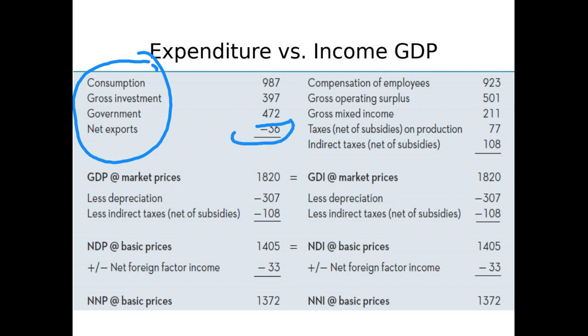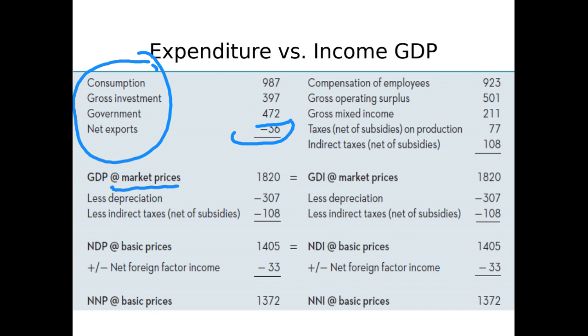When you add all four numbers, so first add three numbers and then subtract the fourth one, you get GDP using the expenditure approach because we have added all expenditures. Remember, it says at market prices. By market prices, I mean the prices that prevail in the market, basically retail pricing. So you go and buy these goods and services, paying the market prices.